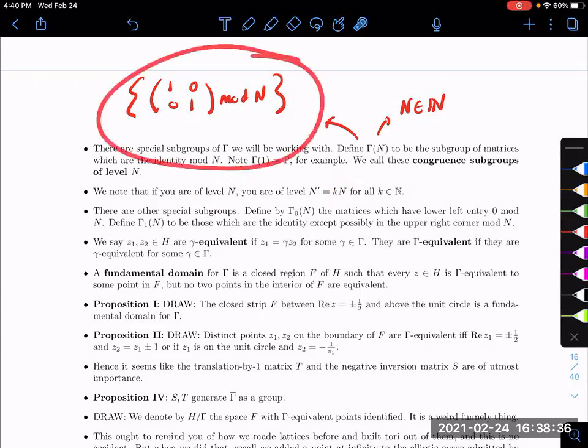And are these the only special subgroups of gamma? They are not. There are several others, but we're going to need two of them immediately.